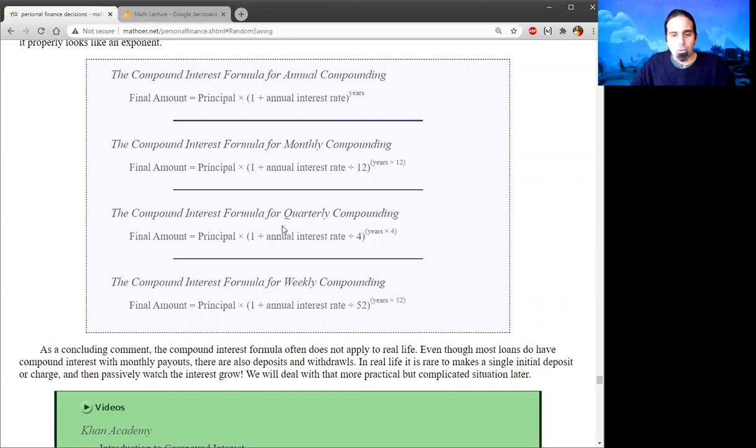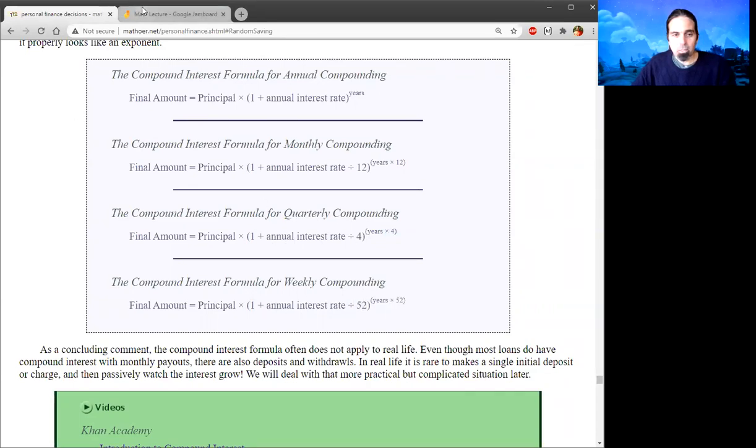Sometimes there is compounding quarterly. Sometimes stock dividends happen quarterly in real life. So then the annual interest rate has to be shared among 4 quarters. And if they told you how many years long this went on, you'd have to do a times 4 to say it happens 4 times a year to get how many times something has happened. I don't know anything in real life that has weekly compounding, so I'm not going to worry about that one.